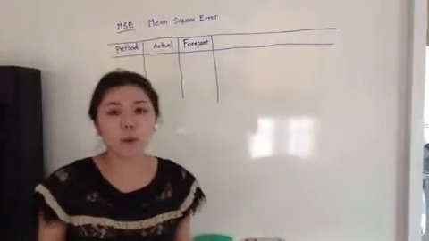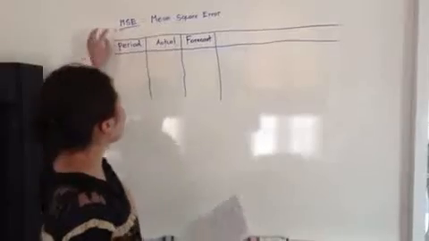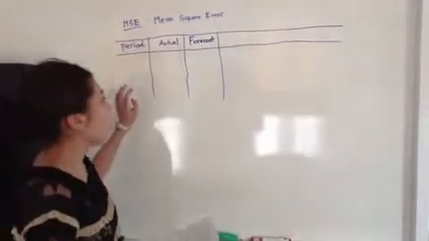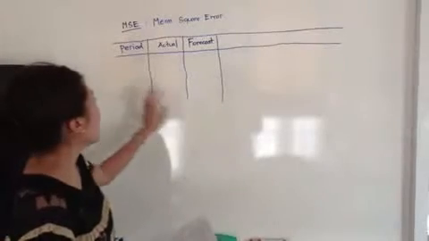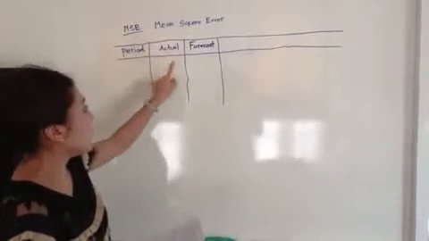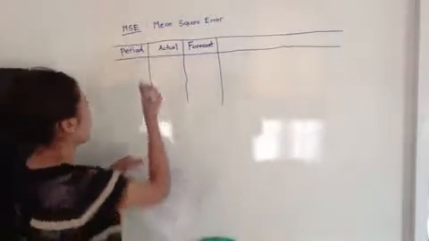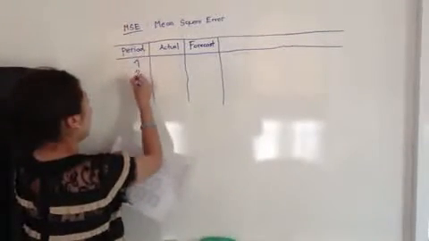First is the mean square error, whose initial name is MSE. Usually the table will provide three columns, including the period, the actual, and the forecast. An example that I will provide here has a total of 6 periods.